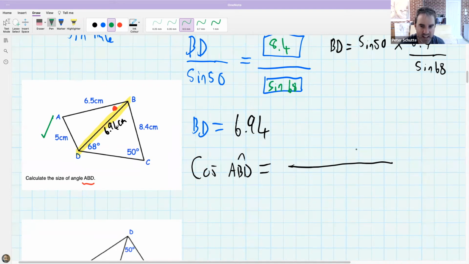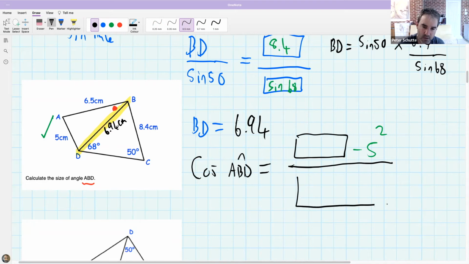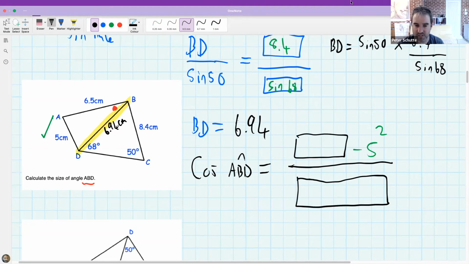You're going to get a -5 squared here. Now, what you have to write above and below, what you have to write in these spaces, I want you to think about. Like what goes here and what goes there. And then once you've got all those, can you give me the size of the angle?